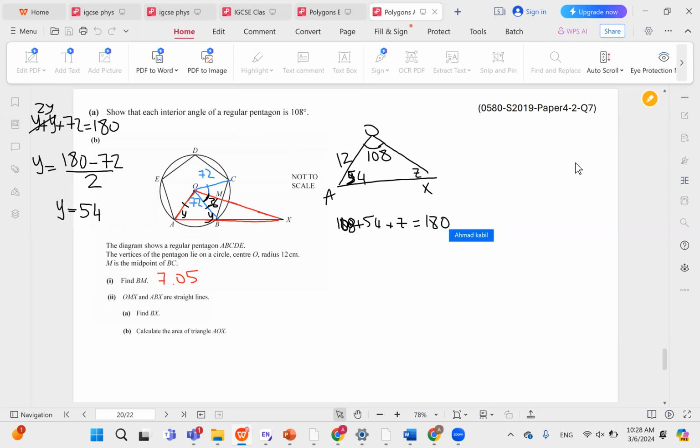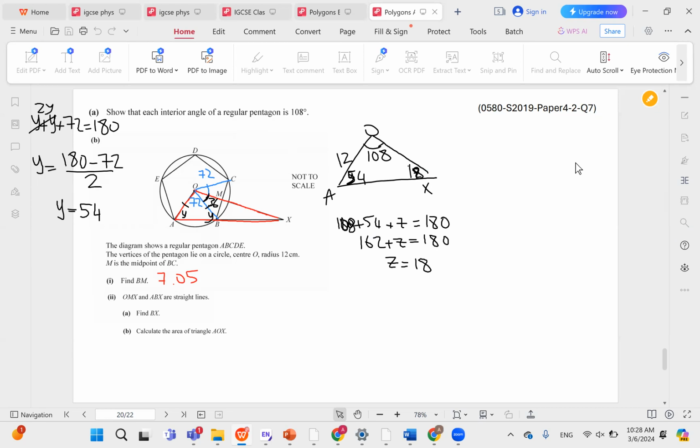So 108 plus 54 is 162. So 162 plus Z equals 180. Therefore, Z equals 180 minus 162, which gives us 18. So the third angle in this triangle is equal to 18. And now that we have the three angles, we can definitely get the area of AOX. I'm going to show you how, but we also want to figure out how to get BX.